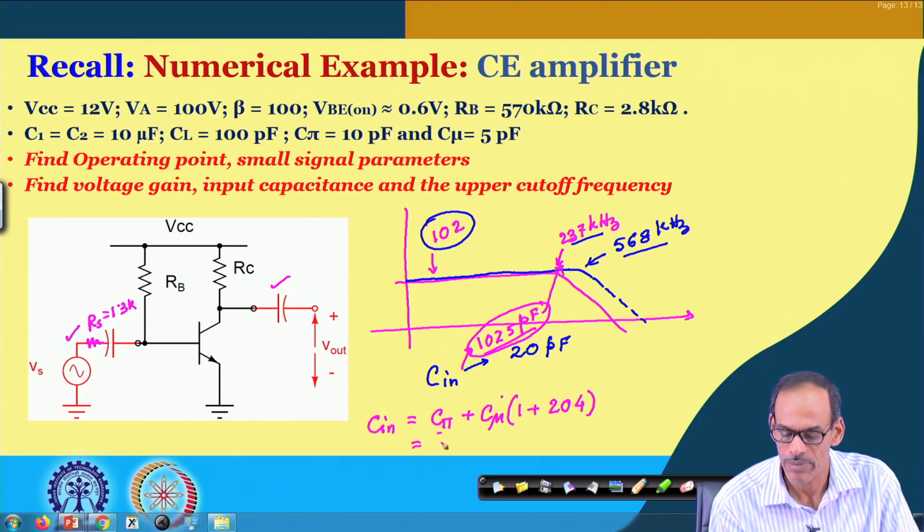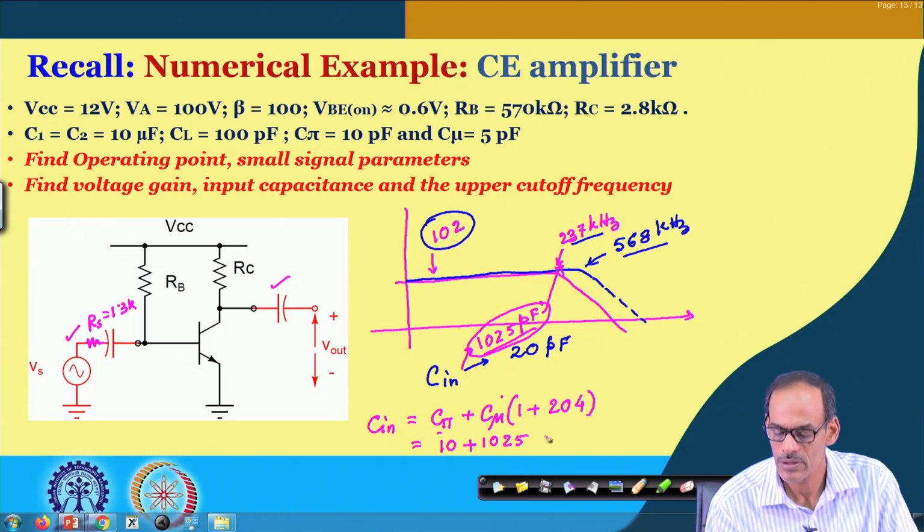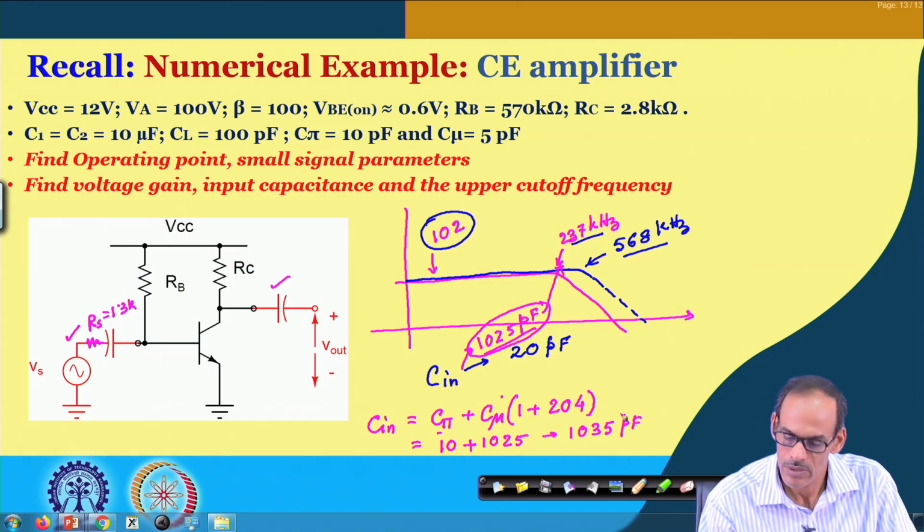So, I missed this 10 part. So, 10 plus 1025 gives us 1035 picofarad capacitance. So, it should be 1035. This calculation remains the same.